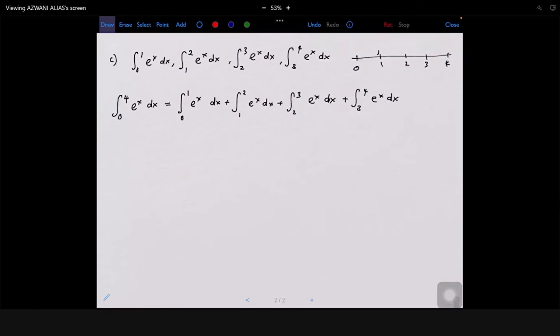So setiap yang ni dia ada integration dia kosong kepada 1 dan kita perlu solve each of the integration ni menggunakan Simpson Rule. Okay, so kita buat one by one. Approximate. So the value of H here akan dapat 1 tolak 0 bahagi 2, so akan dapat 0.5 ataupun half. Alright.